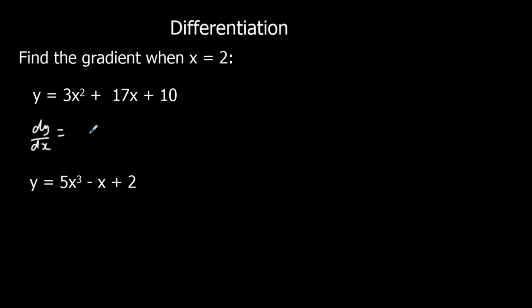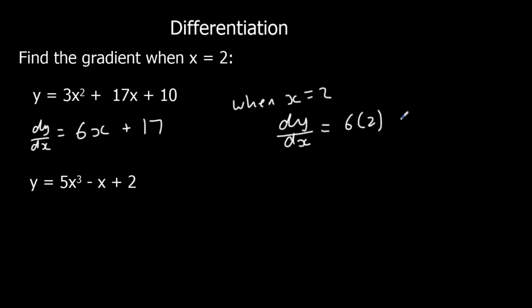So 3 times 2 is 6, take 1 off the power, just goes to x, and 17x goes to 17 when we differentiate it. The 10 disappears, so the gradient function is 6x plus 17. So when x equals 2, dy dx is 6 times 2 plus 17, which is 12 plus 17, which is 29.